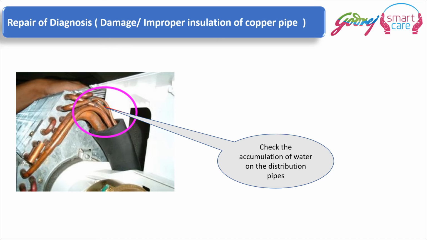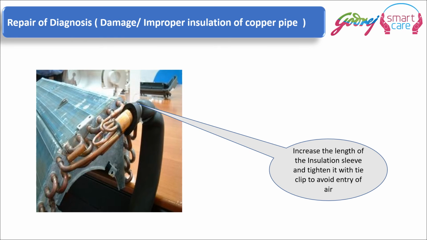So we have to check for accumulation of water on these distribution pipes, and if condensation is a problem there, then we can wind some additional foam insulation on top of those copper pipes to avoid water condensation, which trickles down the indoor unit and can cause a mess. Just like this, we have introduced an additional small piece of insulation sleeve and we tighten it with a clip to avoid the entry of air from that place.